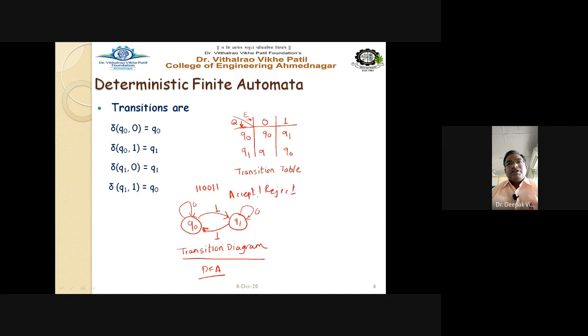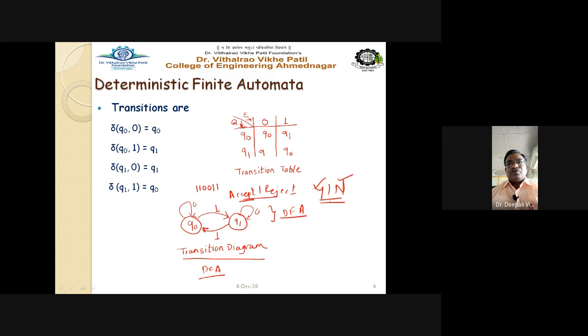We have designed this DFA to accept strings that contain an even number of ones only. We are just getting a yes or no answer.